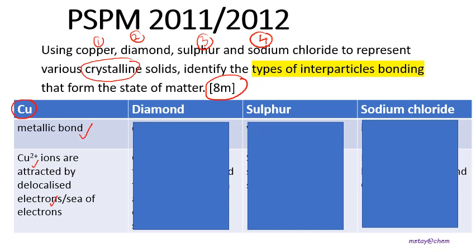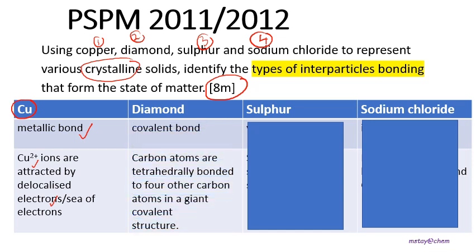Second is the diamond. Diamond is a giant covalent structure, so the intermolecular force among them is covalent bond. Here you are going to mention that the diamond is actually carbon atoms, tetrahedrally bonded to another 4 in a giant covalent structure.